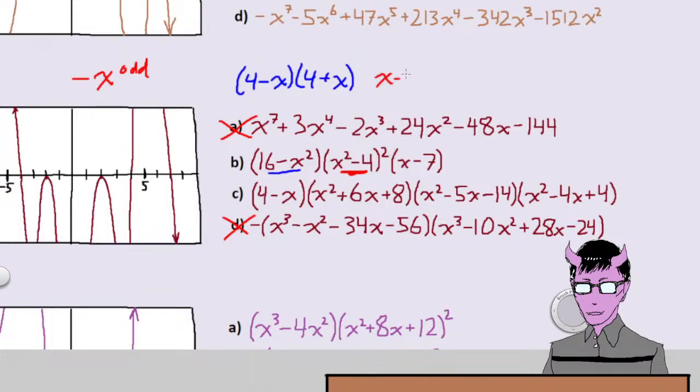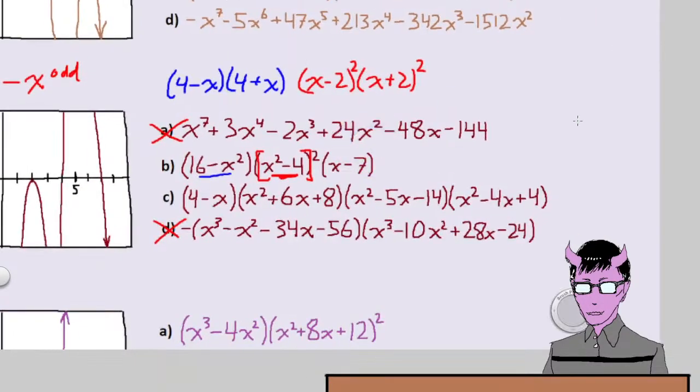So we have x minus 2 times x plus 2. And we call this brackets. So this whole thing is getting squared, so we could just do distribution of exponents. So this is a square, multiplicity 2, multiplicity 2. Finally, we have this x minus 7. Nothing to do with that.